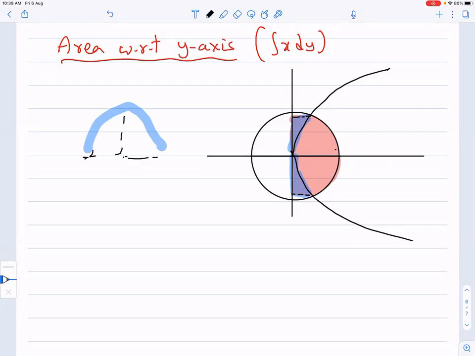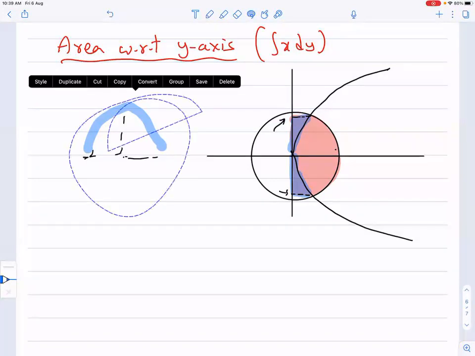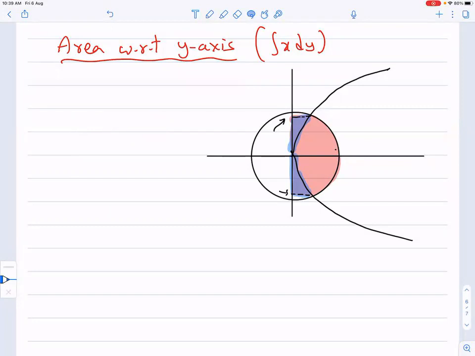Here the limits are from here to here. The same limits, so it becomes a single integral. Sometimes that will come to your advantage. Number one, integrating with respect to y-axis is much better than integrating with respect to x-axis in some questions. Is it clear? So you need to be versatile with both cases. Clear, students?